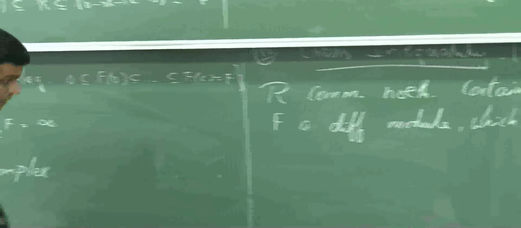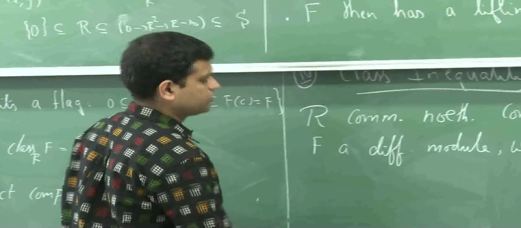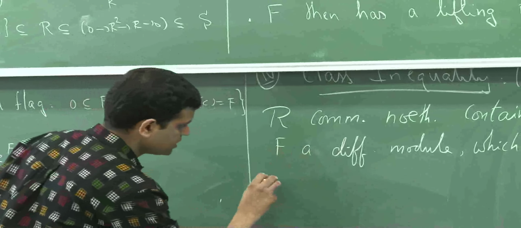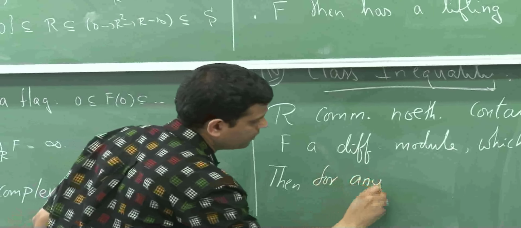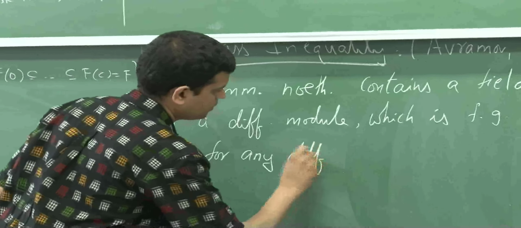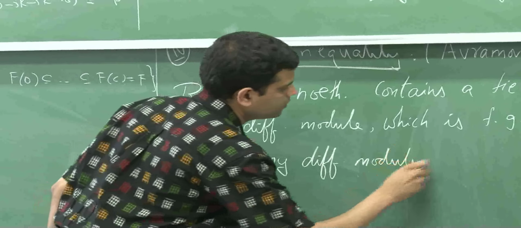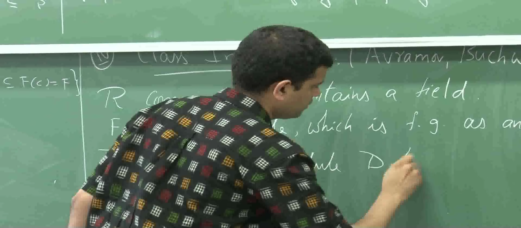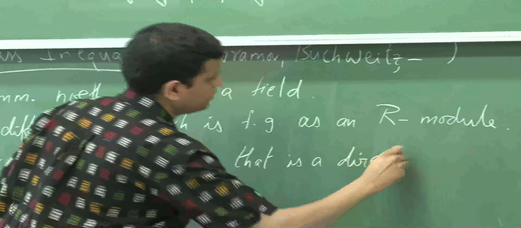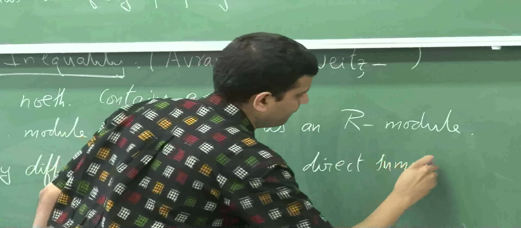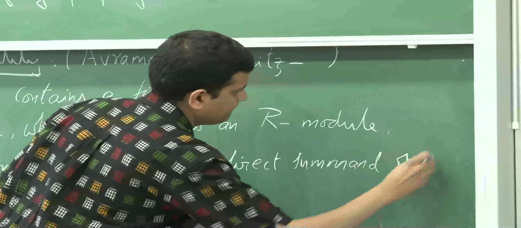And then the result is, so this is just the hypothesis, then the result is that for any differential module D which is a direct summand of F, as a differential module.